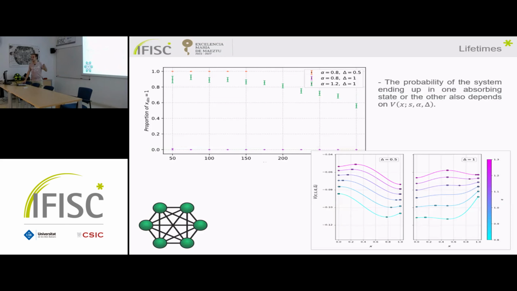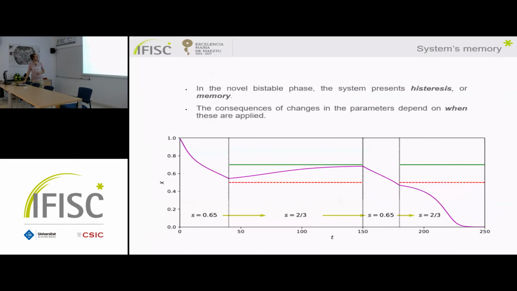As a final note, in the nuances of the new region, we see that the system presents some sort of memory or hysteresis, since the consequences of changes in the parameters depend on when these are applied. This is a consequence of the bistability between a coexistent state and a dominant state.